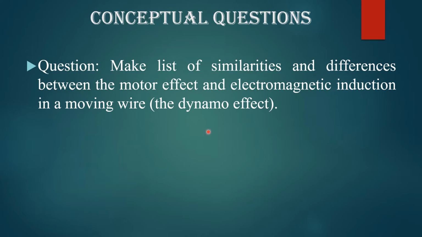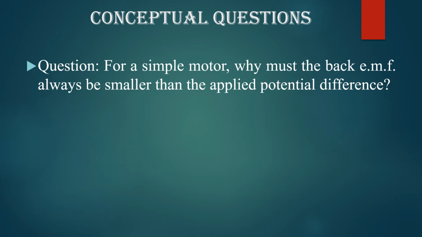In electromagnetic induction, the electrical output is used to operate some load. In a motor, the torque is used to rotate the load. As we discussed in the previous lecture, back EMF depends upon the rotation of the motor. When we just start the motor, back EMF is 0.